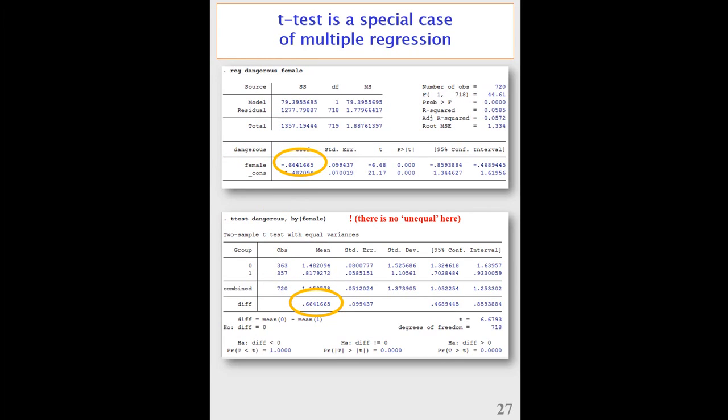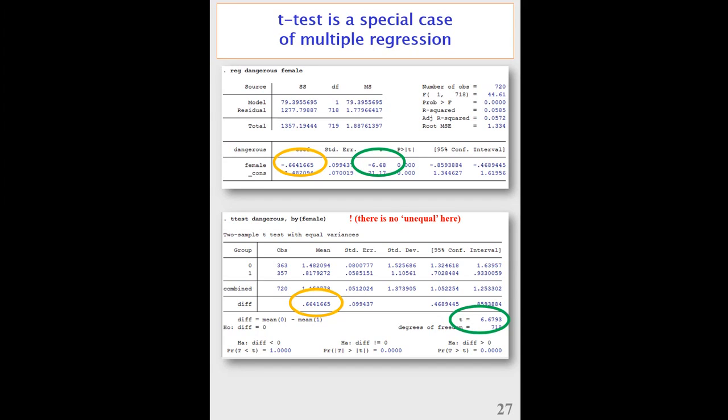First of all, that minus 0.6641665, that you exactly see that here too, the difference between the two means, and also that the significance test, there the test value that we have here is 6.68, is exactly the 6.68 that we have over there, and given that these numbers are the same, we also have that the significance values are the same.